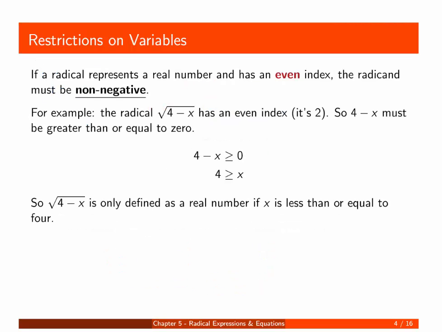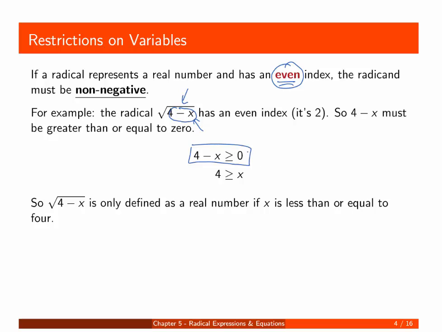So, before we get on to that, let's talk about restrictions. A restriction is basically saying values that the variable underneath the radical cannot be. We're only going to care about this when the index is even, like 2, 4, 6, and so on. If that's the case, then the whole value underneath the radical sign, in this case 4 minus x, has to be greater than or equal to 0. So to determine the exact restrictions on x, I'll write an inequality with respect to 0.